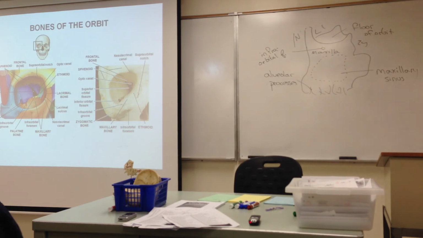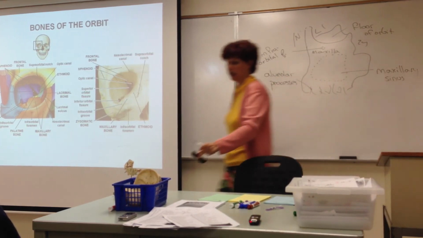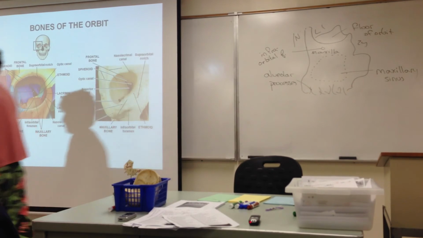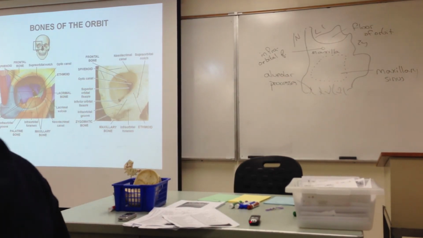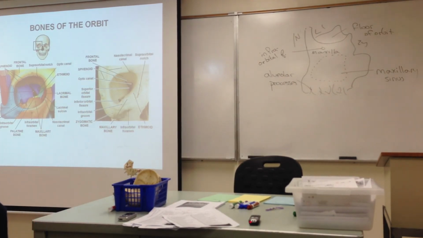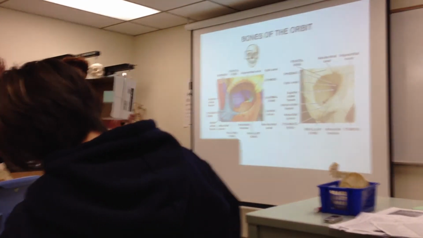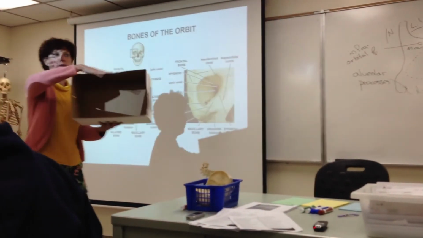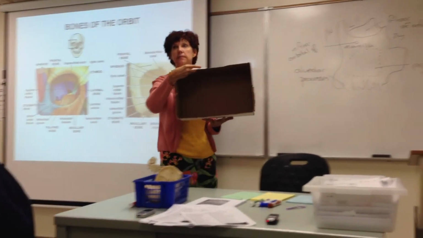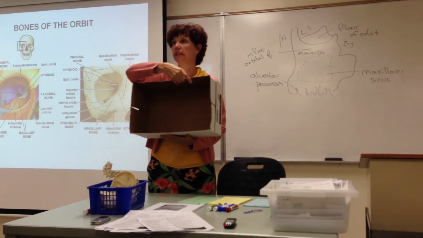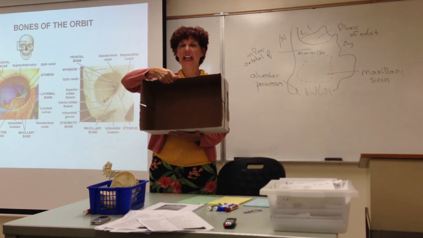So think of it as a box. So here's the orbit, the elongated eye. All right. So what bone forms the roof of the orbit? What would this bone be? Frontal bone. Okay.